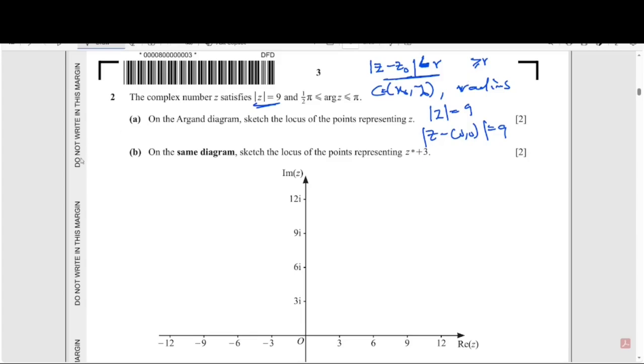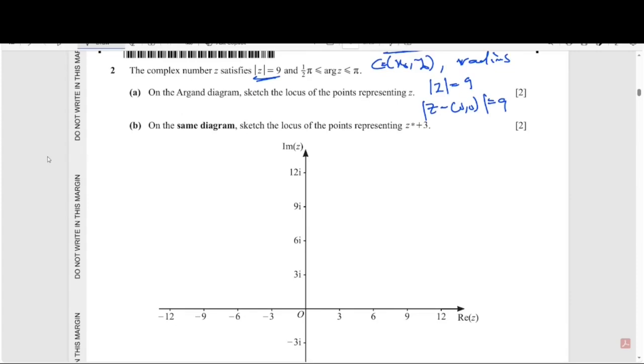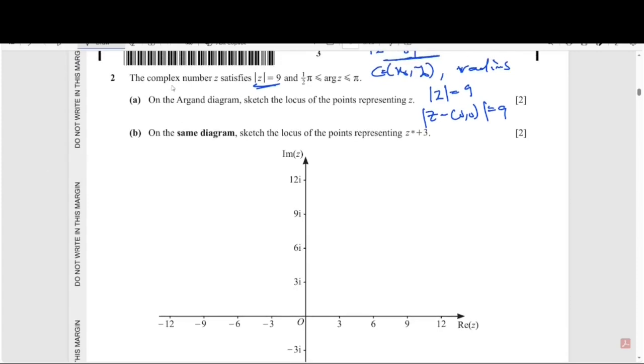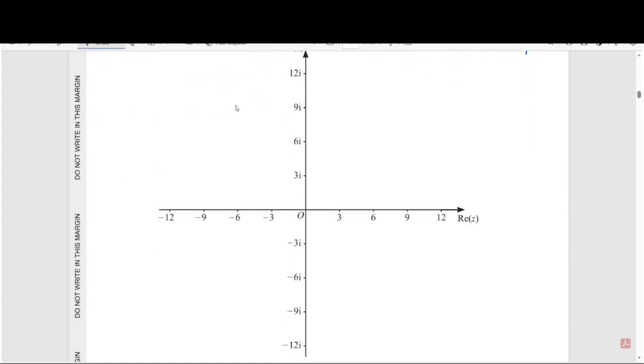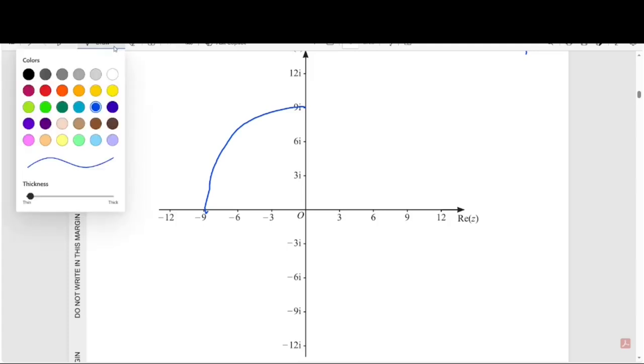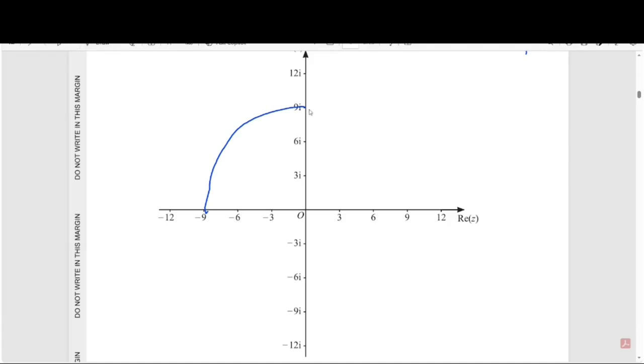So we go straight ahead and sketch the first part, which is modulus of z equal to 9, which you've already described, a circle whose center is 0, 0 and radius is 9. So I'm going to sketch that over here. Radius is 9, so we start from here, and forgive my circle if it's not straight. Let me use a different color for a reason that will be explained later.